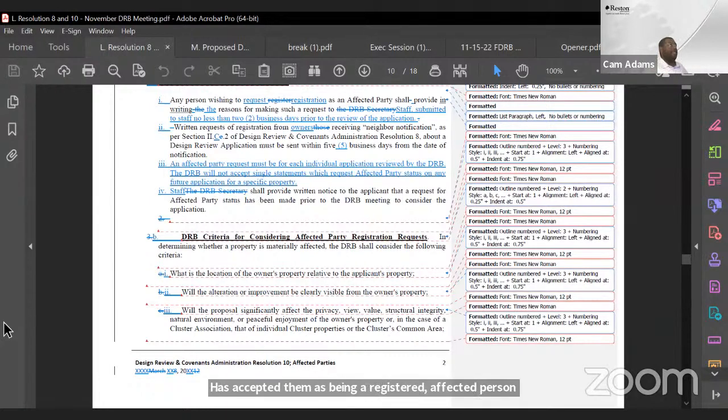There's only one time that I can recall the DRB denying an affected party request, and it was because they submitted a blanket statement and they live nowhere near the actual residential property being reviewed.